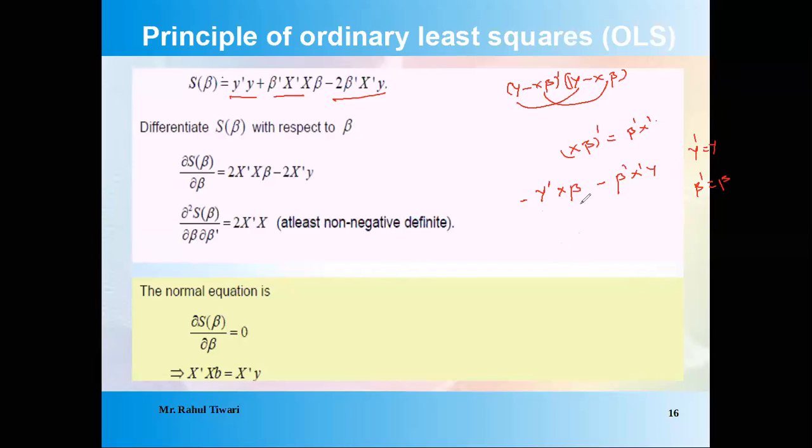If I replace those quantities, it is going to be y x beta prime, minus, and I can do the same for x prime is equal to x into beta prime x prime y. So that is going to be what now? Minus 2 times beta prime x prime y.